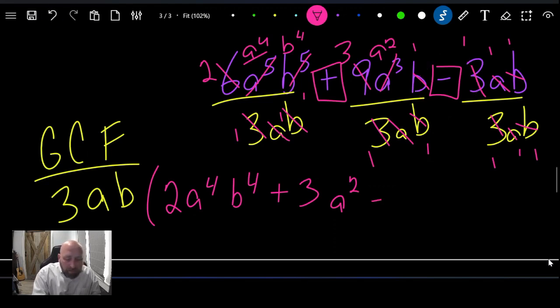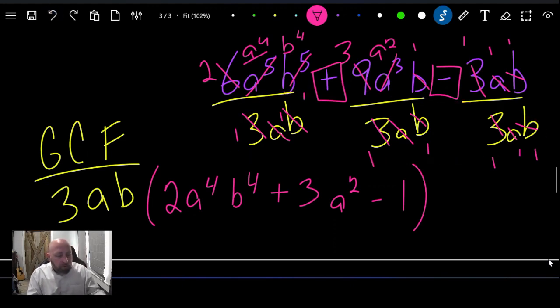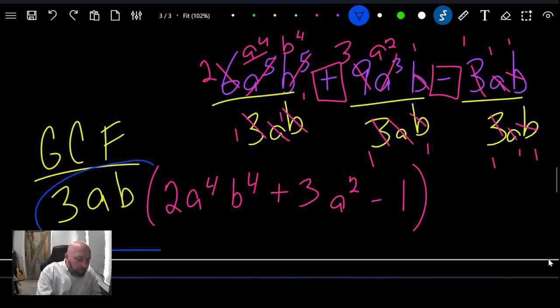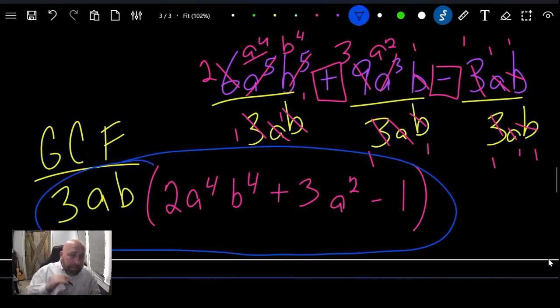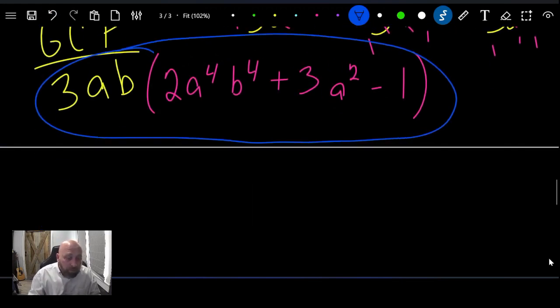And then we have a 1 over here because everything else canceled. Notice everything in the denominator canceled. Everything's all 1. So technically we do have denominators of 1, but we don't need to write that. So there is our answer right here: 3ab times 2a to the 4th b to the 4th, plus 3a squared, minus 1.